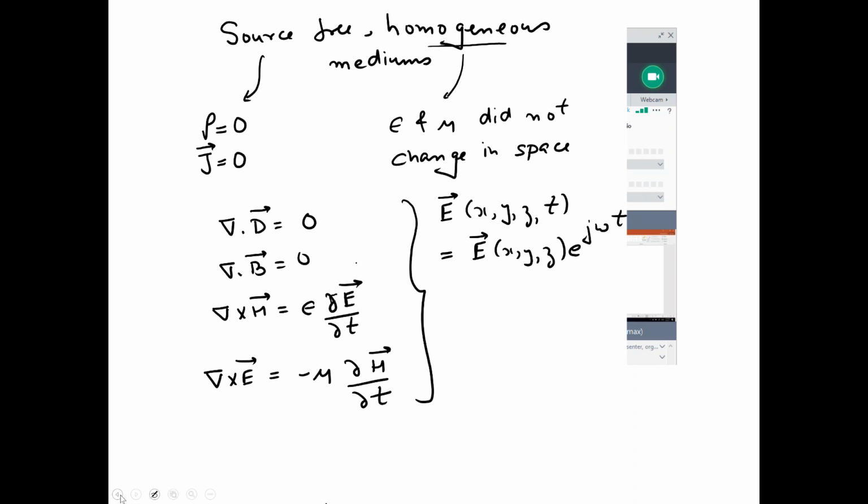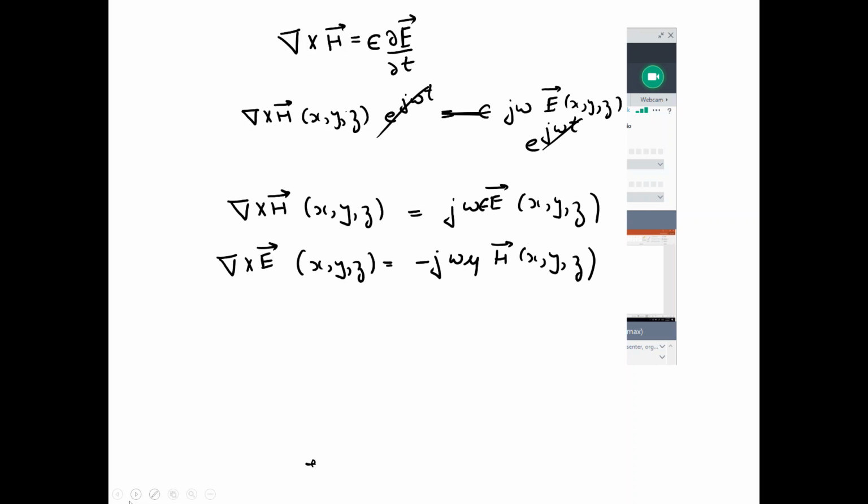Further, what we had done, we had said that if I take this term and I do another curl on it, then because this is in space, this is in time, I can interchange the time and the space components, and I'll get del cross H, and I can substitute the other equation. And we had seen that we ended up with two equations, and I'm just giving you this as a revision without doing the derivation again.